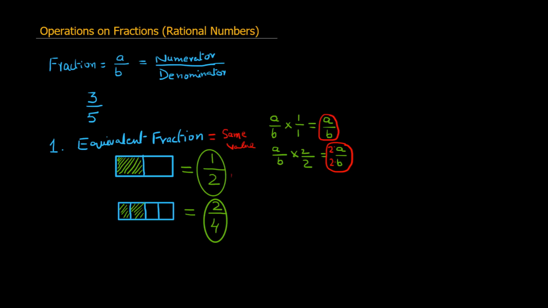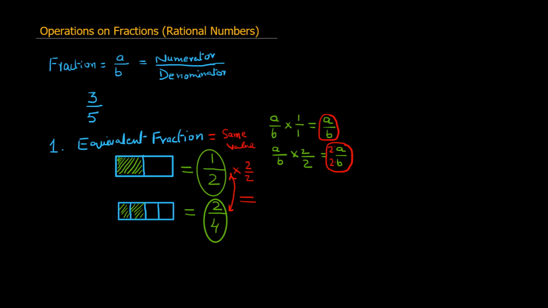So if you look at these two, what is happening here is, if you multiply the numerator of the first fraction, 1, by 2, you get 2. And when you multiply the denominator with 2, you get 4. You get this fraction. So these two fractions are equivalent. Whenever you multiply and divide a fraction with the same number, you get the equivalent fraction.